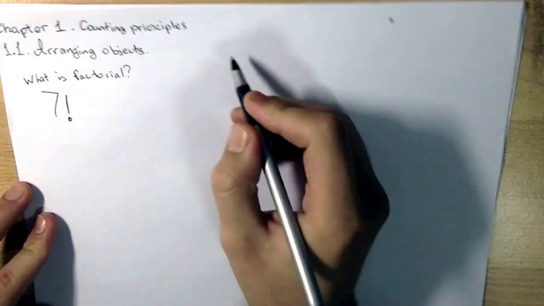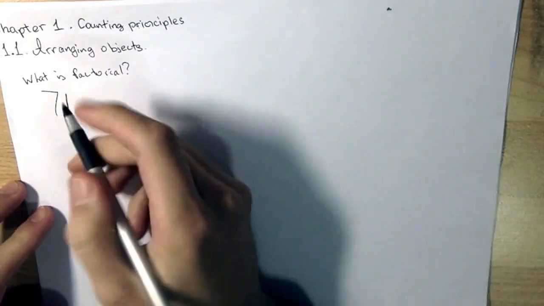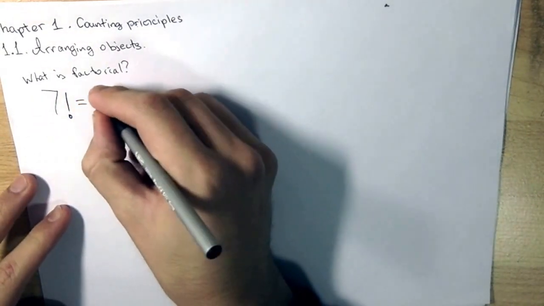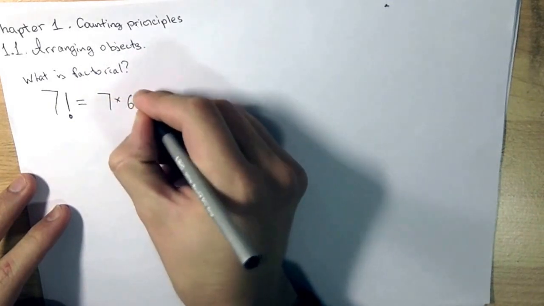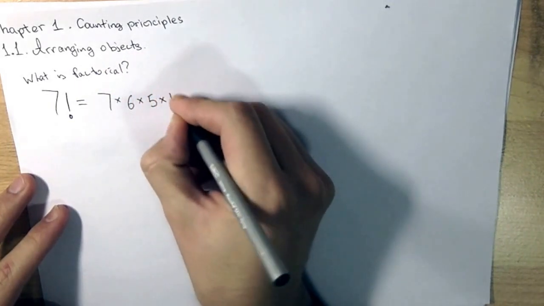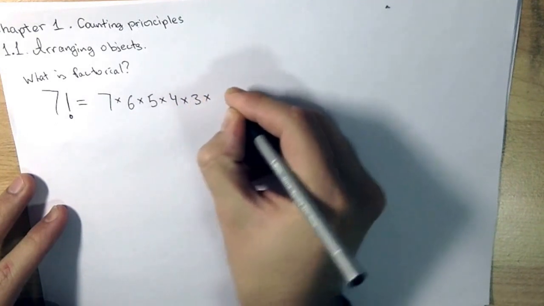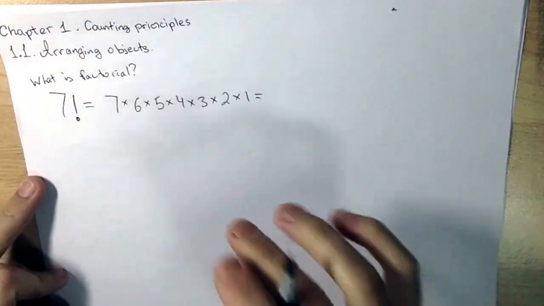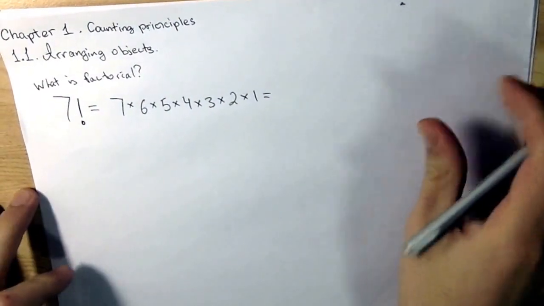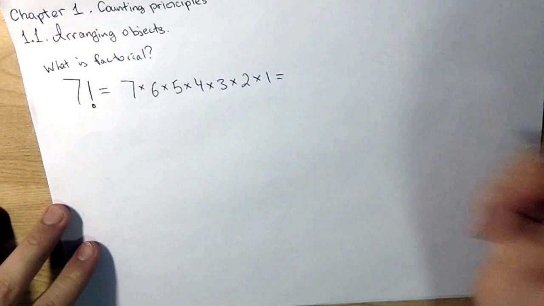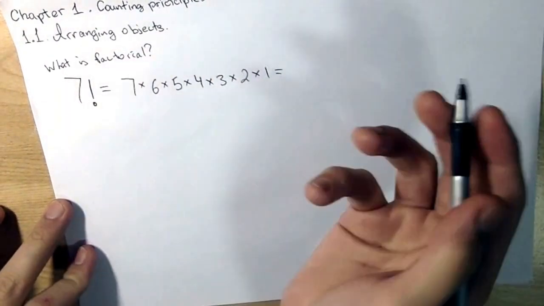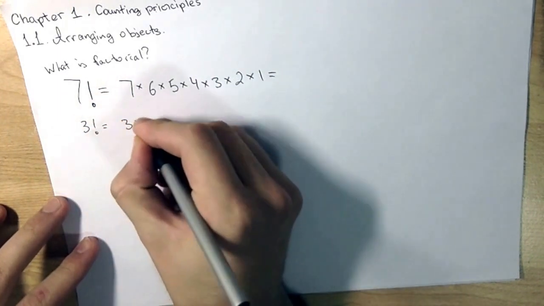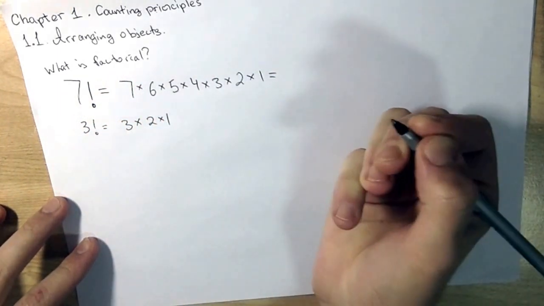So remember this, whenever you see this, you understand it's factorial. So it equals 7 times 6 times 5 times 4 times 3 times 2 times 1. And then this equals some big number. It's not too big, but it's a big number. And it works for every positive integer. If you say 3 factorial, it's 3 times 2 times 1.